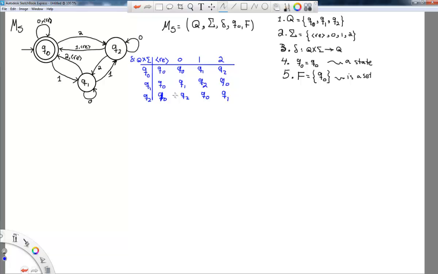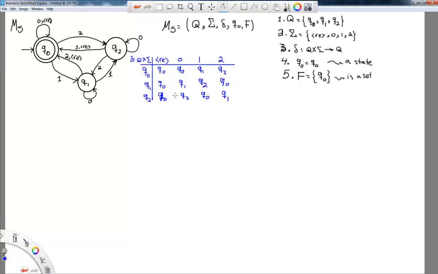Okay, if you said that this machine accepts all the strings in which the sum of the symbols seen after the last reset is a multiple of 3, then email me, because I'm going to pass you and no questions asked. Well, not quite, but that is the language for this machine.